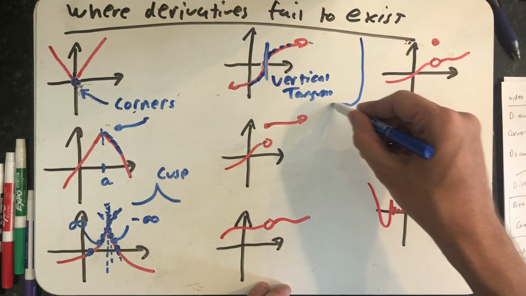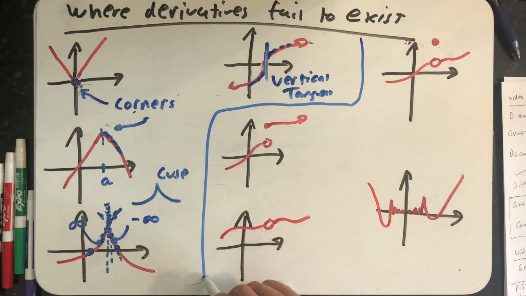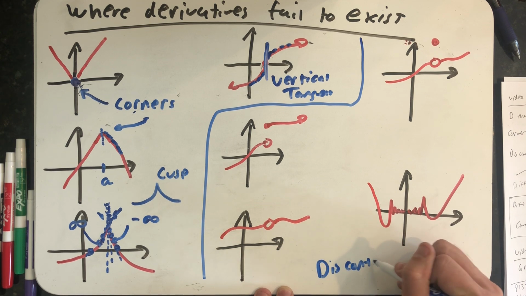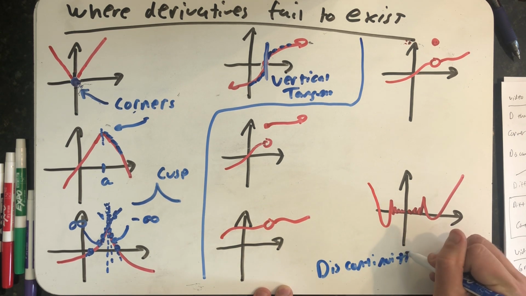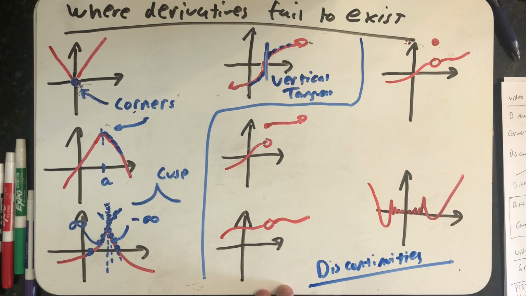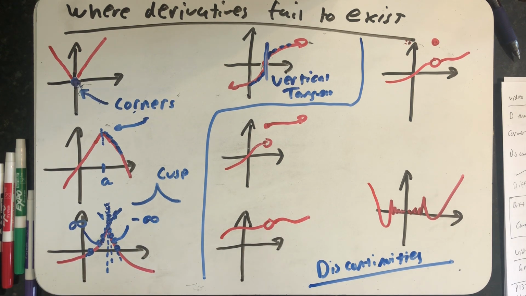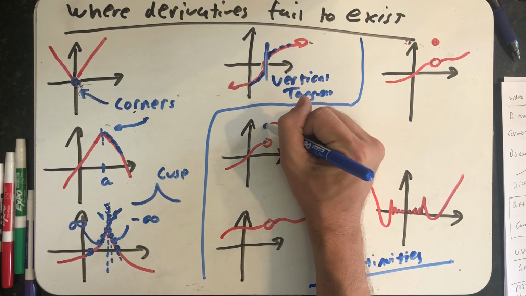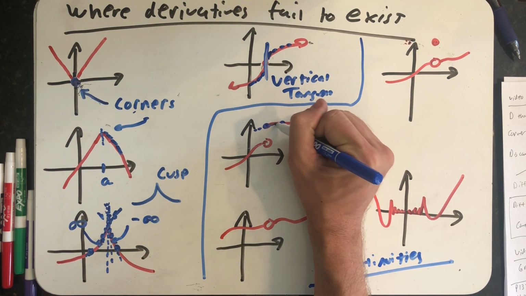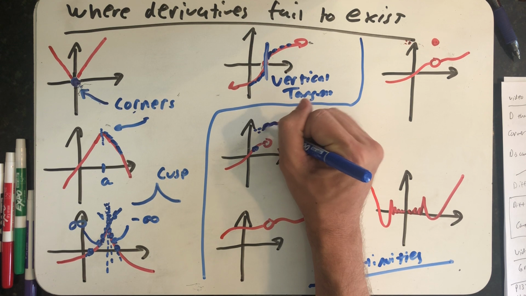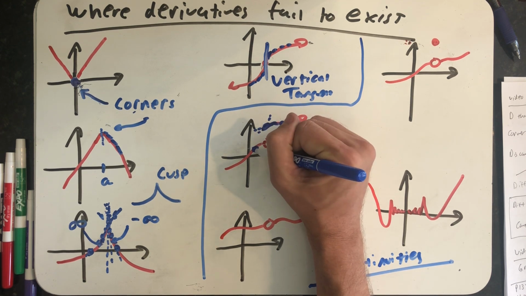But these next 4 all have something in common. They're examples of discontinuities. It turns out that if you have a discontinuity, then you can't have a derivative at that point. So looking at this first picture, the jump discontinuity, I could try to draw a secant line over here that becomes a tangent line, and on that side I might even get a value, but I would definitely get a different value if I tried to go through this point and a point on this side.